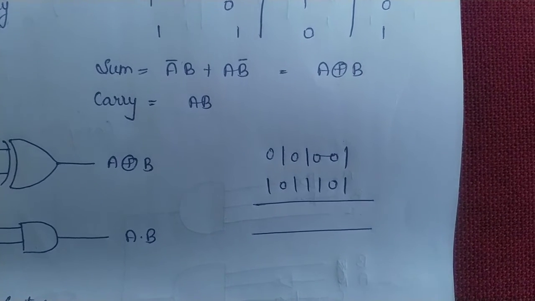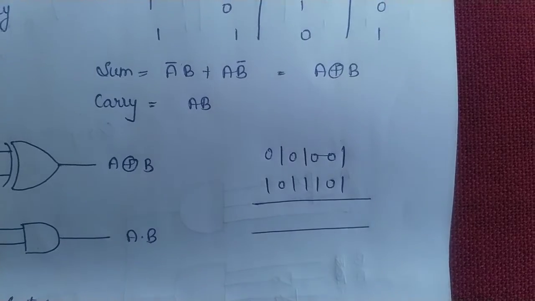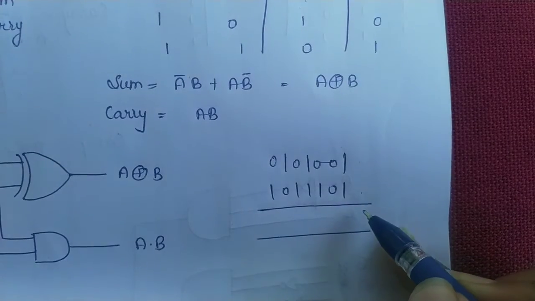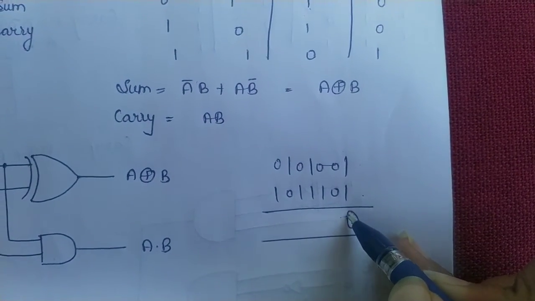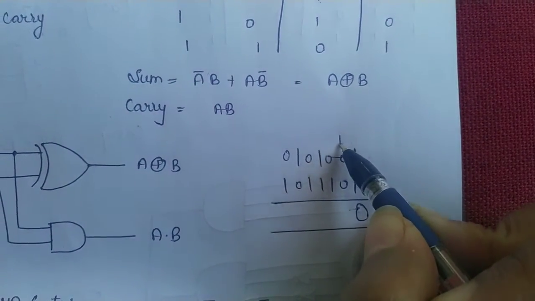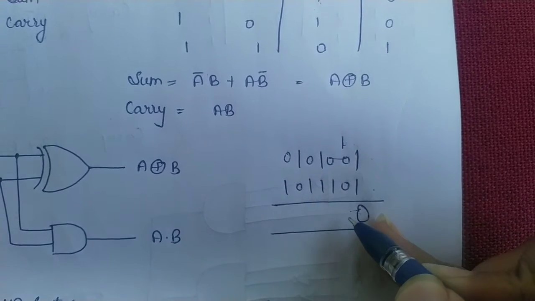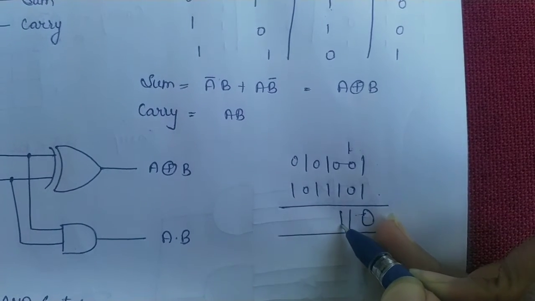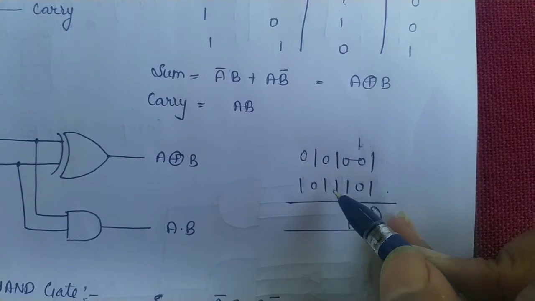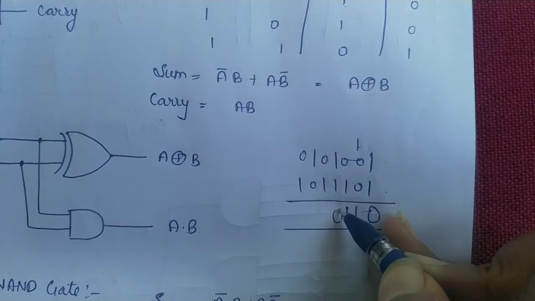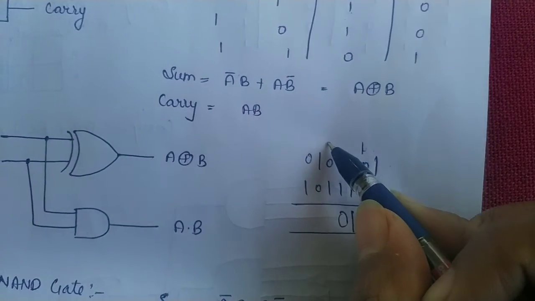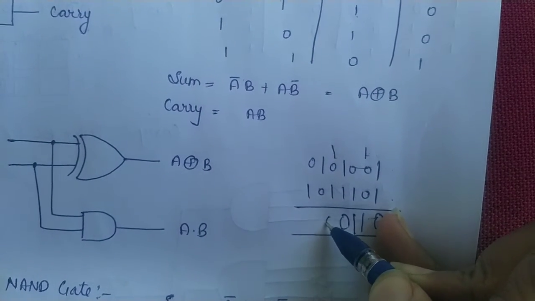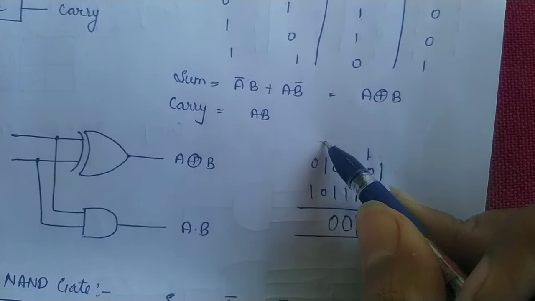This is an example for the addition of two binary numbers. If we add 1 and 1, the output will be 0 and carry will be 1. If we add 0 and 1, then output will be 1. If we add 1 and 1, then output will be 0 and there is a carry of 1.